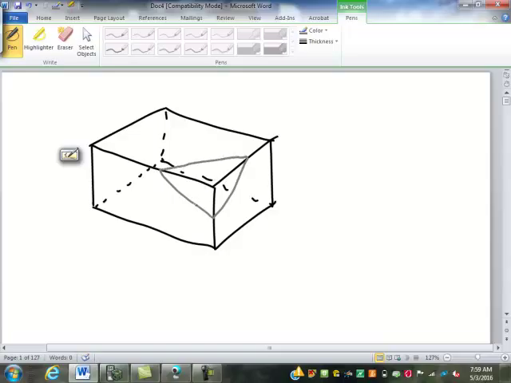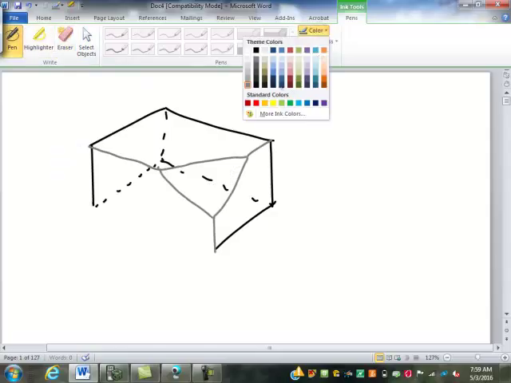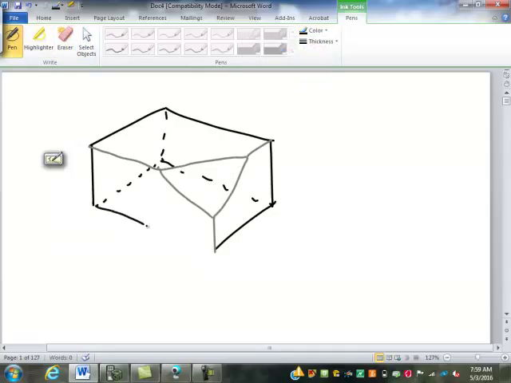So we're going to be milling that corner off so that the block now looks like that. That edge doesn't magically disappear, so there.